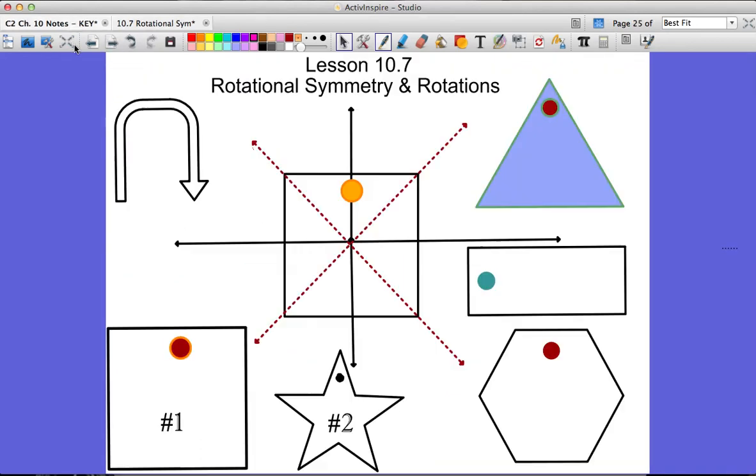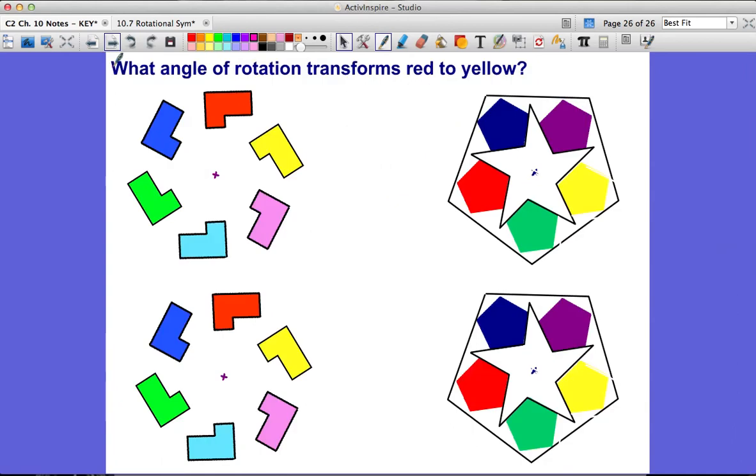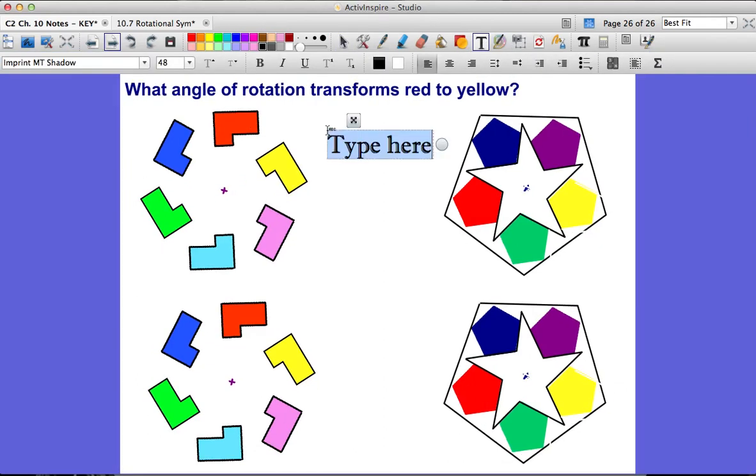Right, so what I want you to do in your notes, you have these two figures. This will be your number 3 and your number 4. I want you to figure out what the angle of rotation is that will transform this from the red turning to the yellow. So it does have rotational symmetry.